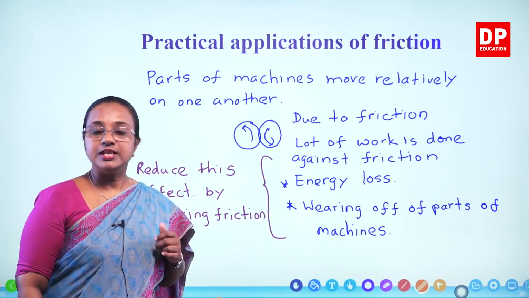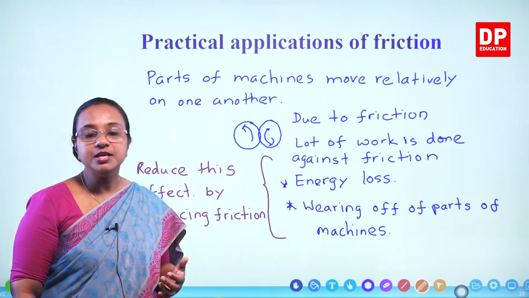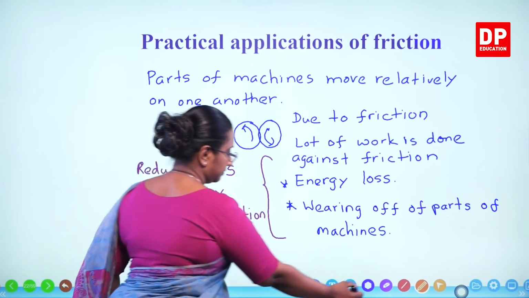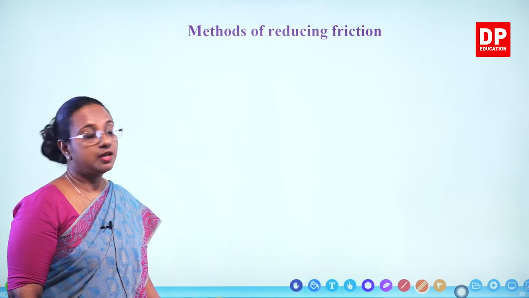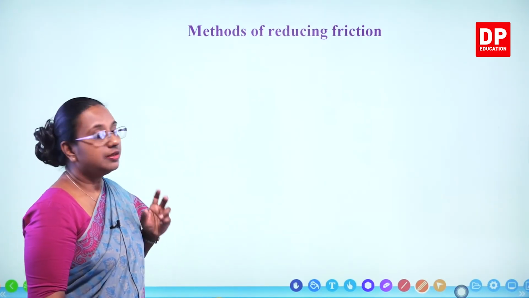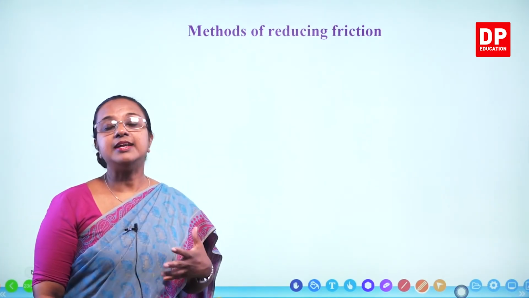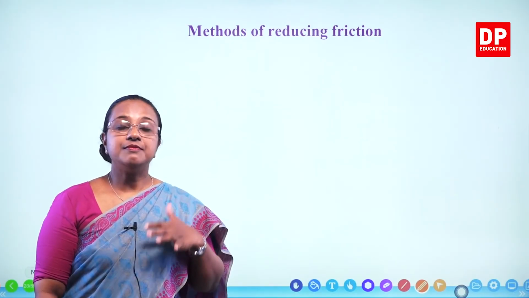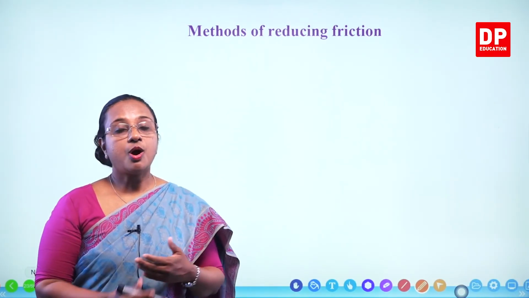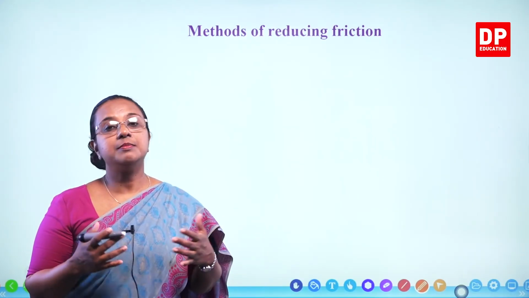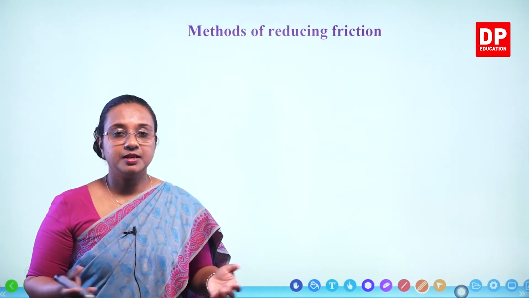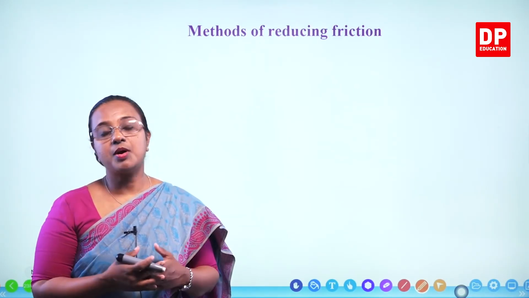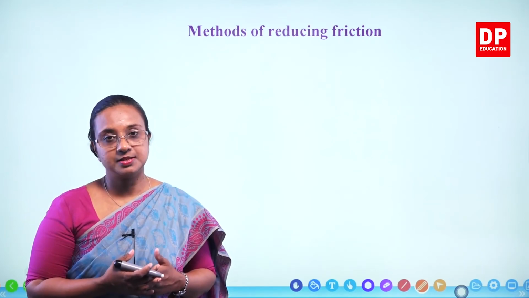So let us now discuss how we can reduce friction. Methods of reducing friction. So here we know the factors that affect friction. If we can change the factors, obviously we can't change the perpendicular reaction or the normal reaction of an object because we have to have the same object for a certain purpose.